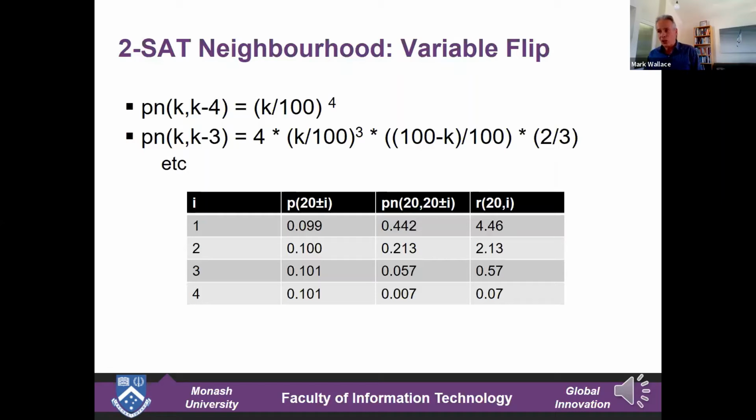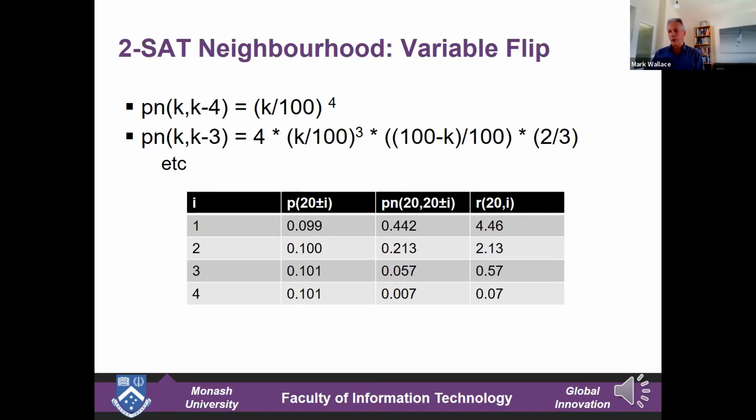So starting at fitness 20, a point with fitness 20, so we have 20 violated clauses. The chance of a point having 21 violated clauses or 19 violated clauses is roughly 0.1. The chance of a neighborhood of a point with fitness k having fitness 21 or 19 is roughly 0.445. So the increased probability is roughly 4.5.